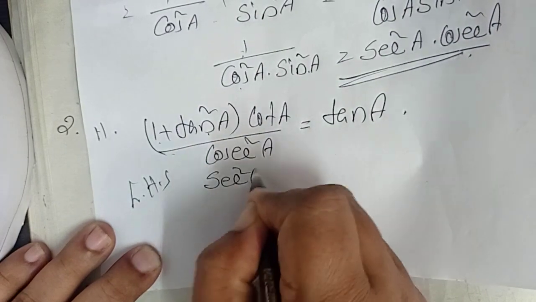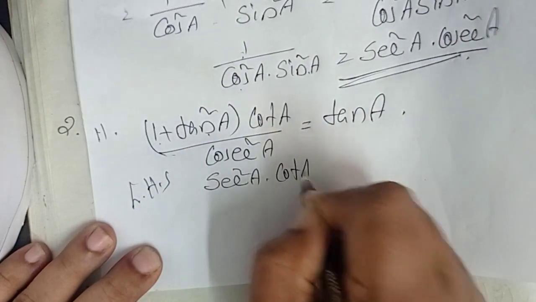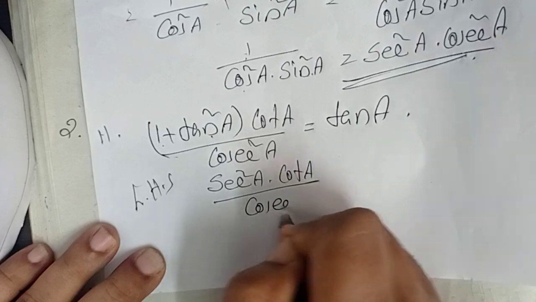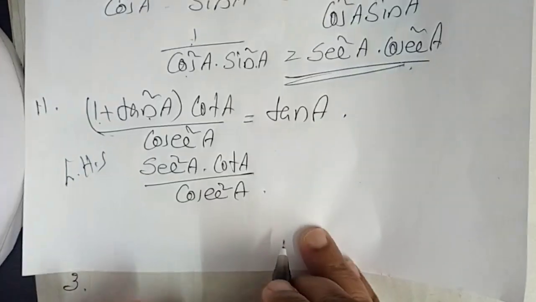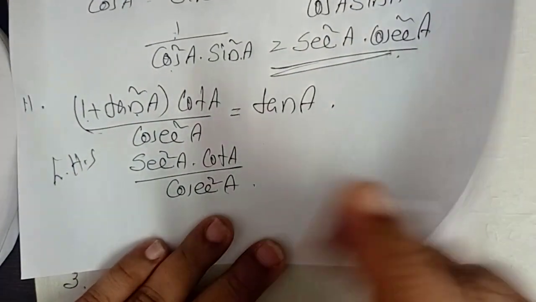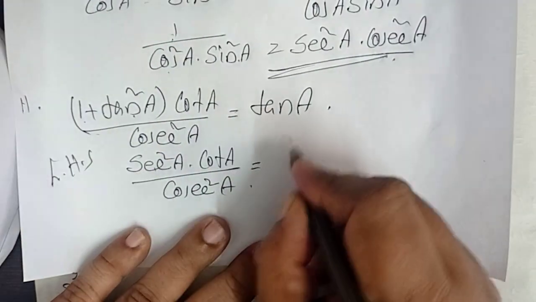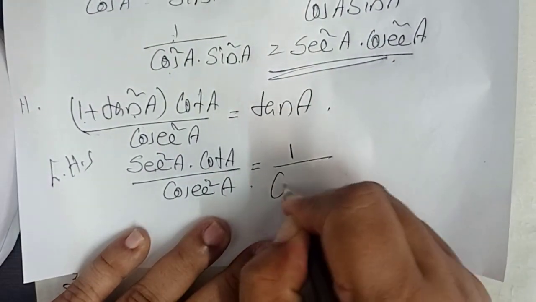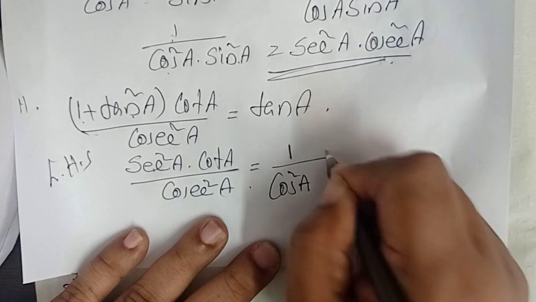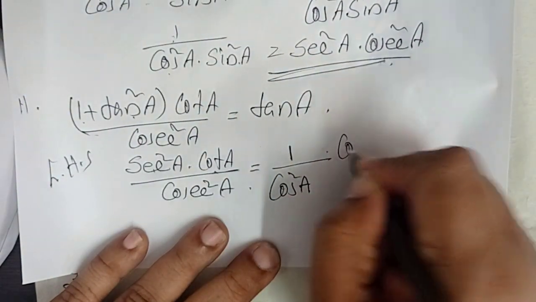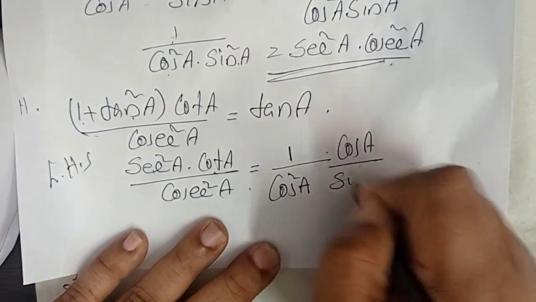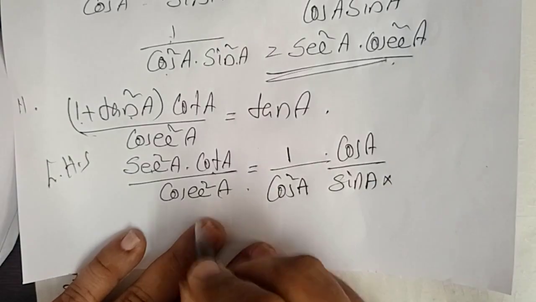Yes, sec square A into cot A by cosec square A. Only we changed the first one. Then convert all the terms in lowest terms. Sec square A is the same as 1 by cos square A, into cot A is the same as cos A by sin A, into cosec square.